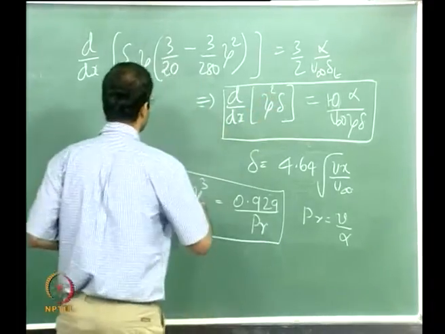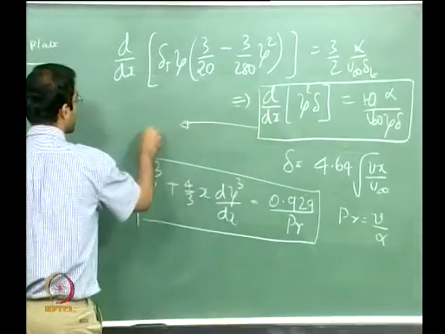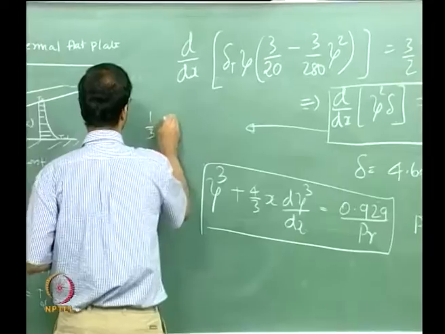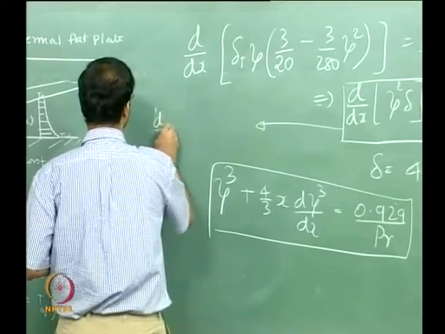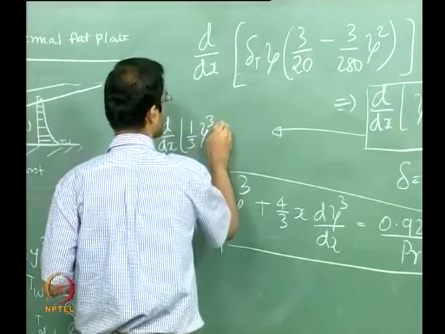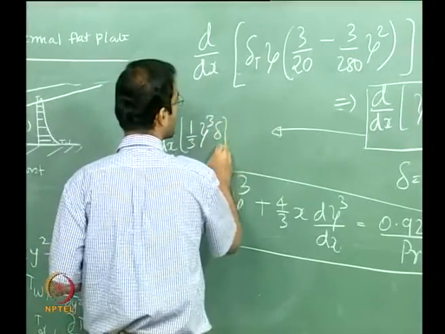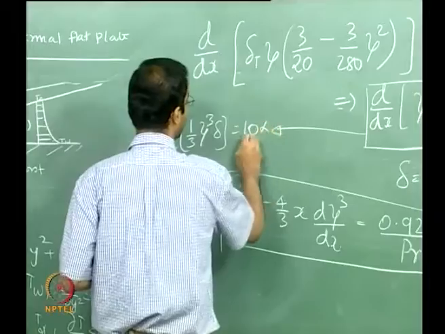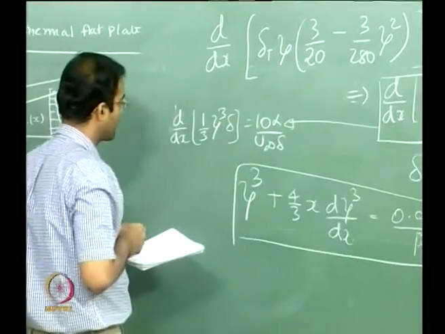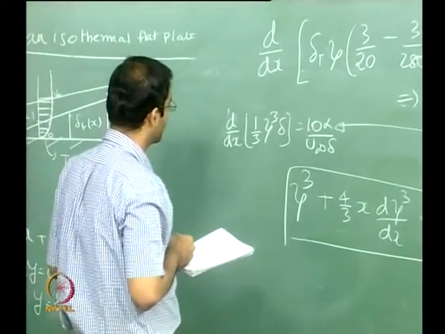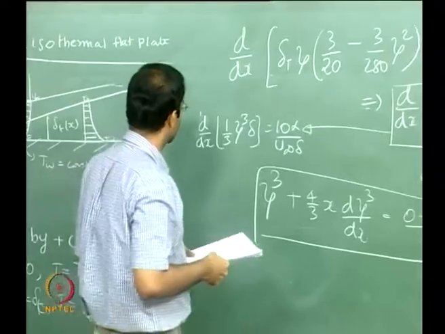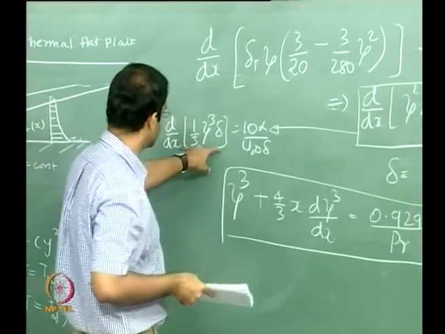If you want me to explain this, this can be written as d by dx of 1 by 3 delta cube zeta cube delta is equal to 10 alpha by u infinity into delta. I think that should be right. So now I can expand this into two terms.